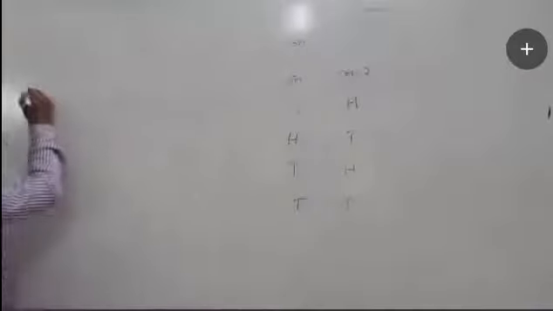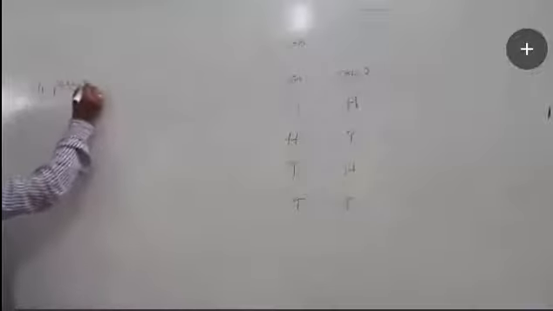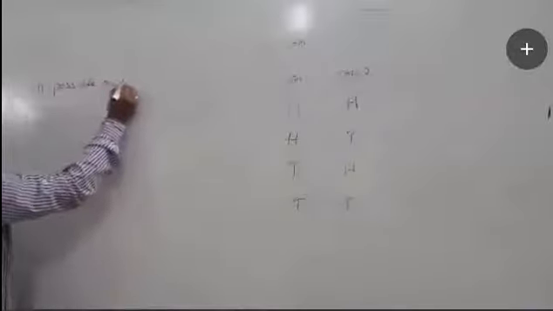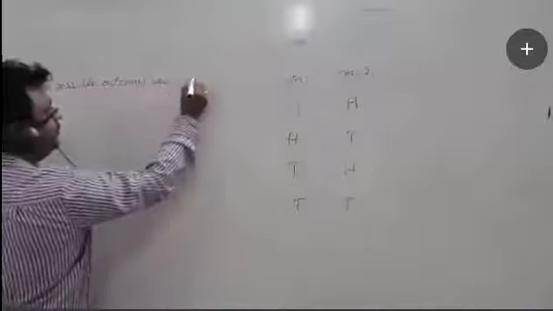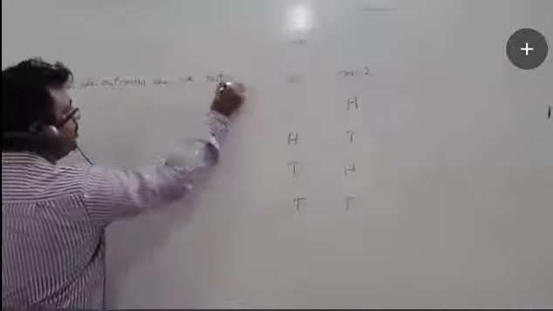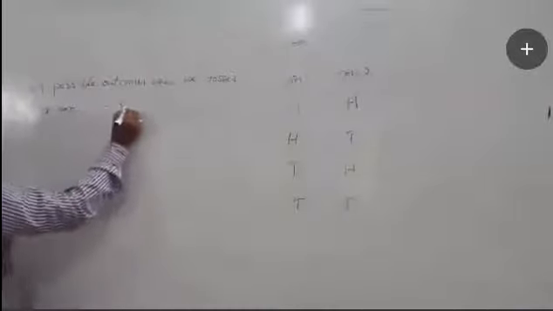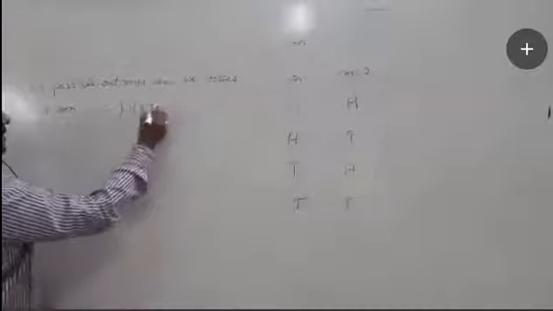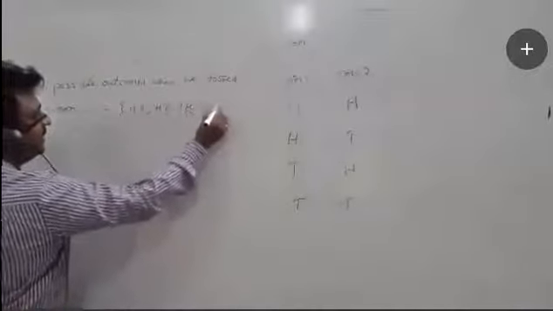So, all possible outcomes when we toss two coins are HH, HT, TH, TT.